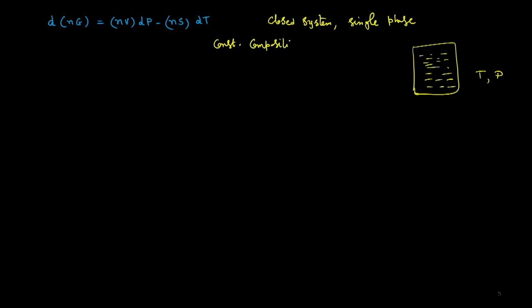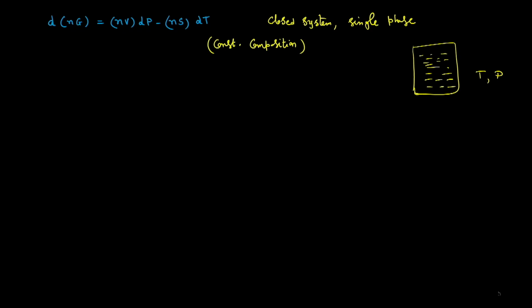I can have a mixture inside this, but as long as it is closed and it is in a single phase, even the change in Gibbs free energy of that mixture can be expressed by this particular expression, because the mixture is at a constant composition.